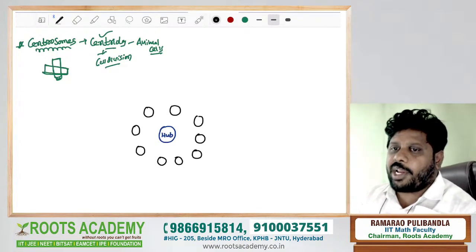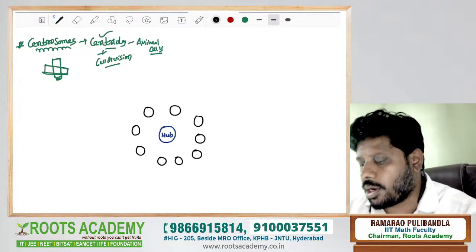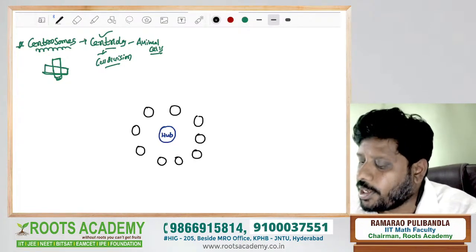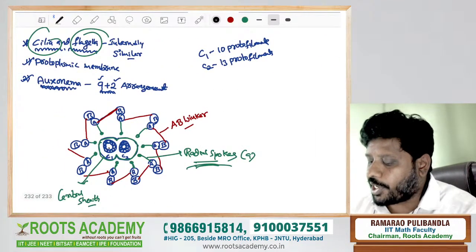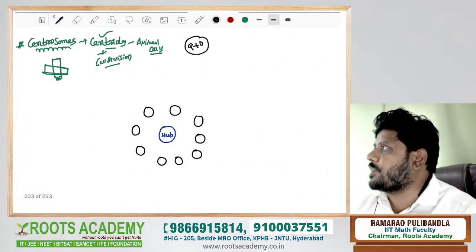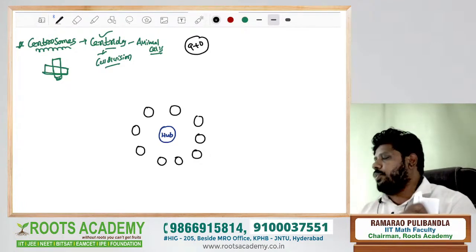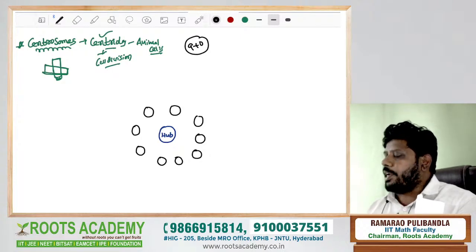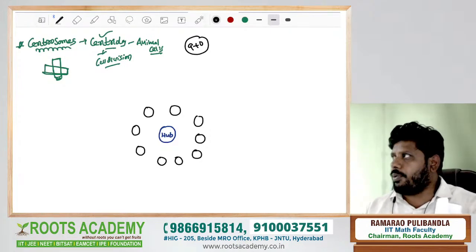Periphery consists of how many microtubules? 9. So how many in the center? Nothing. Periphery consists of 9, that's why that arrangement is called 9 plus 0. In cilia and flagella, the center has 2, so it is 9 plus 2. Here the center has nothing, C1, C2 are not there. Center microtubules are absent, that's why it is considered 9 plus 0.